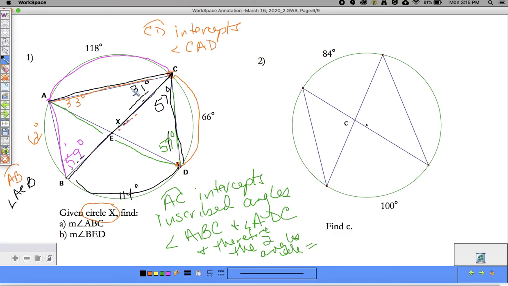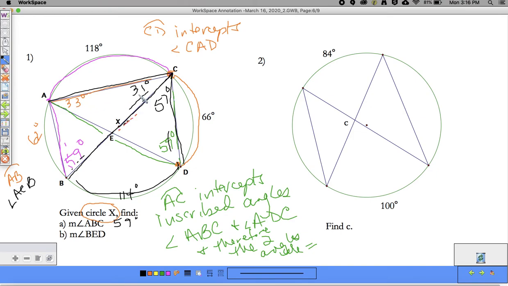So now you were asked to find the measure of angle ABC, which we found at the beginning, which was 59 degrees. But what I want to show you is I asked you to find the measure of angle BED. So if you look at angle BED, you can go ahead and find it by finding this angle here, and that's the guy vertical to it, or you can find this angle here using this triangle and do the angle supplementary to it.